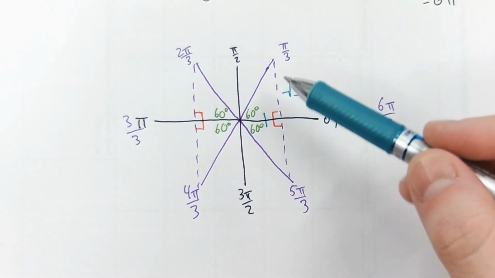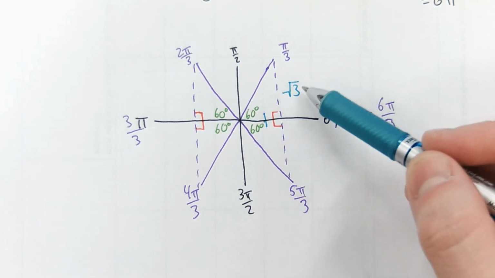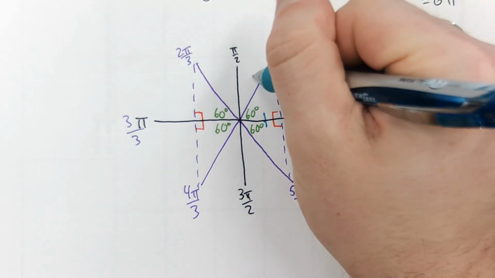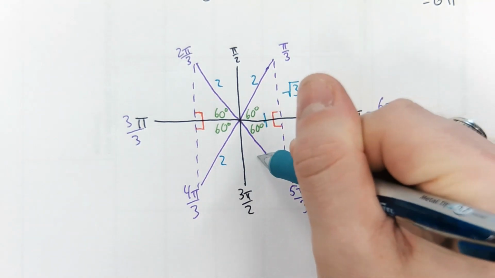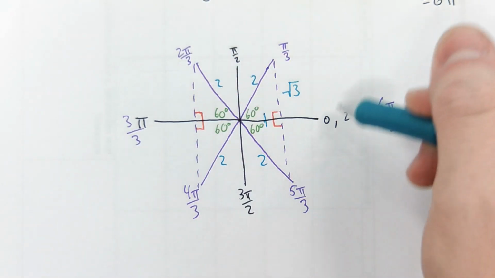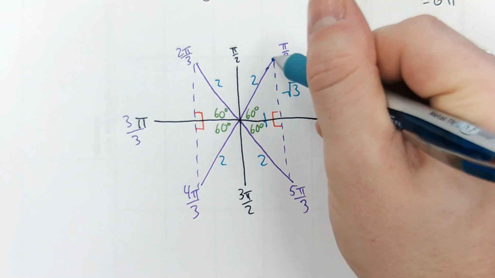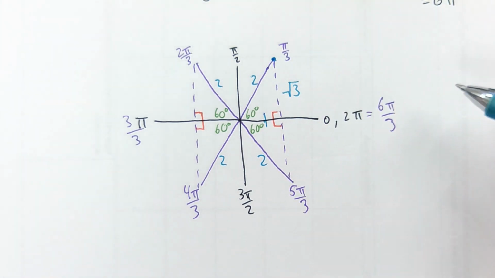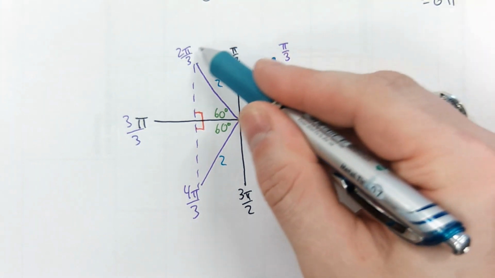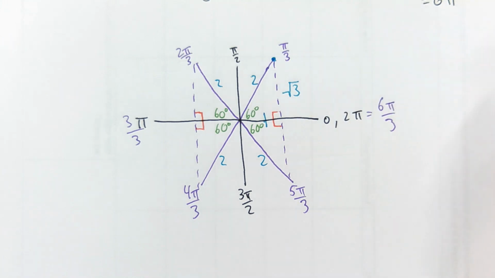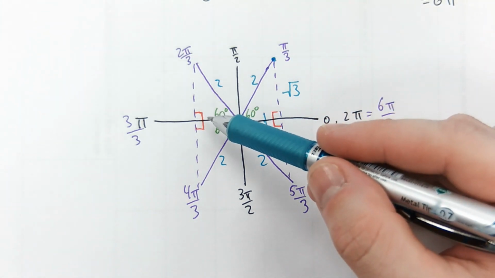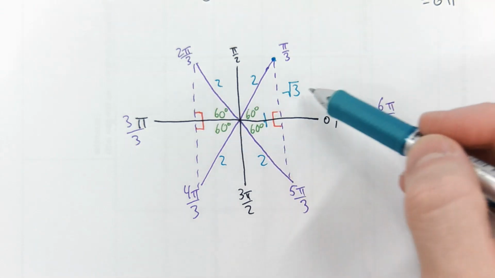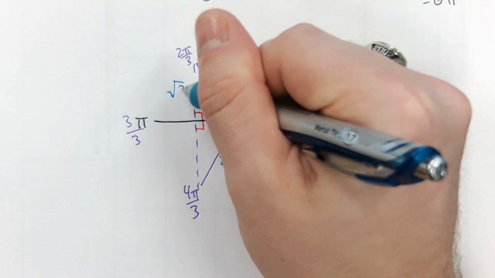In quadrant 1, both x and y are positive, with a radius of 2. Now, they're all going to have a radius of 2 because, remember, this is a circle that I'm just not drawing all of. And this point is on the terminal side of an angle, but it's also on the outside of a circle. Now, over here in quadrant 2, just like I said before, my y's remain positive, but my x's have become negative.